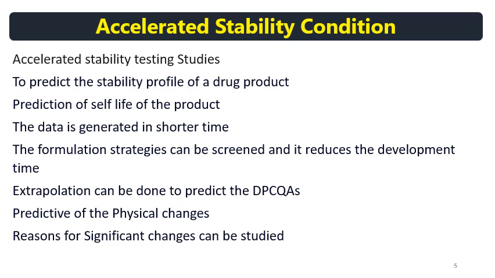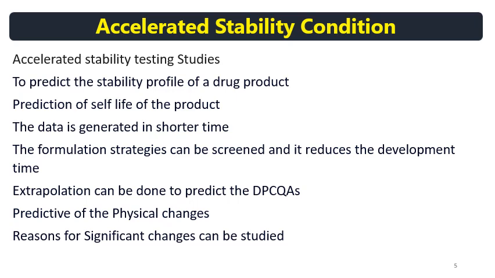Accelerated stability condition is a must for regulatory filing for any of the markets. The formulation strategies can be screened and the best formulation can be selected considering the stability of the same formulation or drug substance at accelerated stability condition.